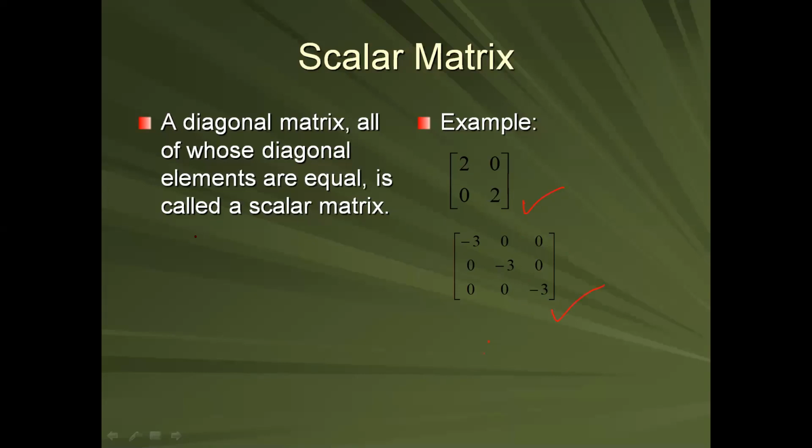I want one more from Dhairya. Dhairya, give me one example of a scalar matrix, order 4 by 4. Quickly. Yes, ma'am. 1 0 0 0, 0 1 0 0, 0 0 1 0, 0 0 0 1.